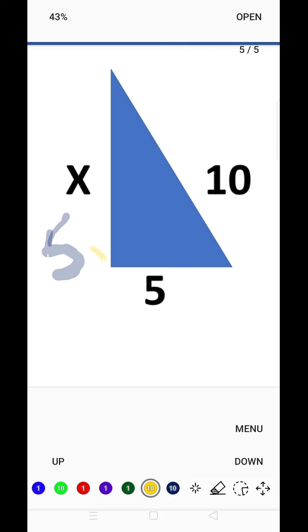Clear? Are you clear with this simple question? What is the simple concept? The base multiplied by root 3 will be the perpendicular height. What is the only condition? The hypotenuse should be double the base.